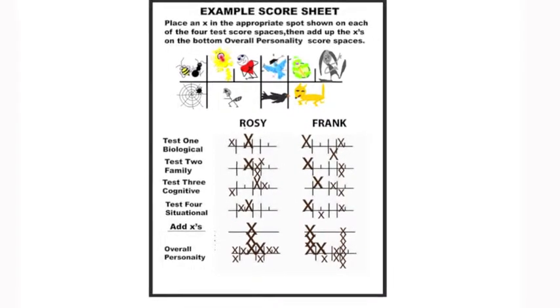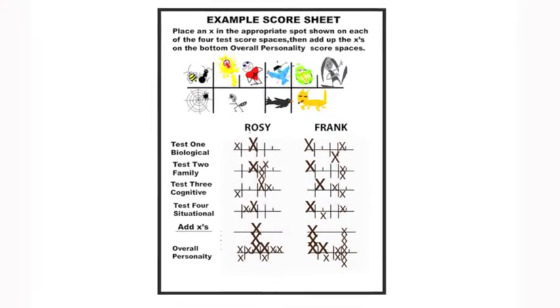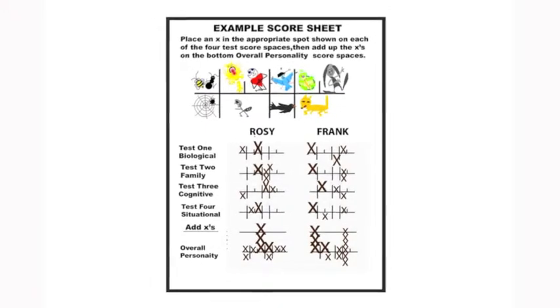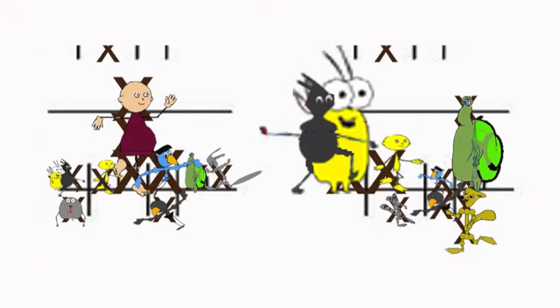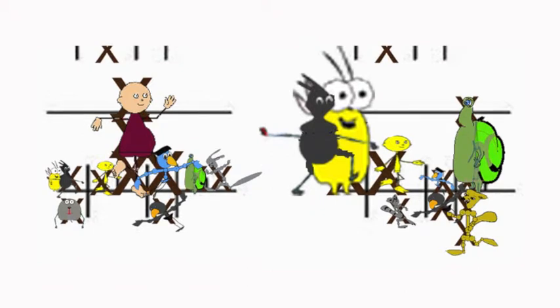If you were to name or draw the widgets above over the corresponding X's below, you would have a graphic view of your personality. You can do this for all 4 of the personalities: biological, family, belief, and situational, not just the bottom. Here I've only put the bottom.